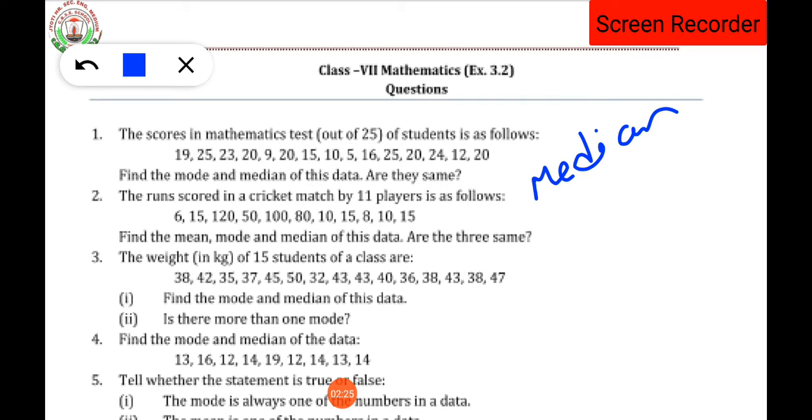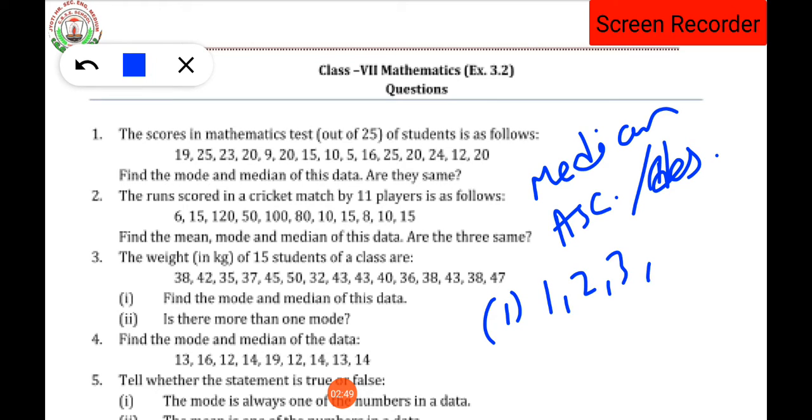For the first step, what do we have to do? We have to arrange the data either in ascending order or in descending order. After arranging the data, we have two methods. In the first method, after arranging the data in ascending order like 1, 2, 3, 3, 4, 5, 6, we have to find the middle one.